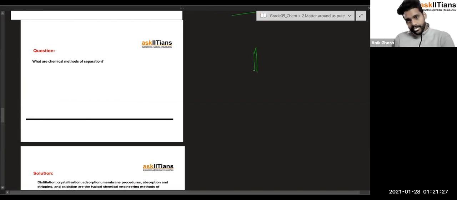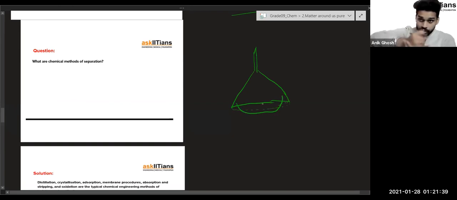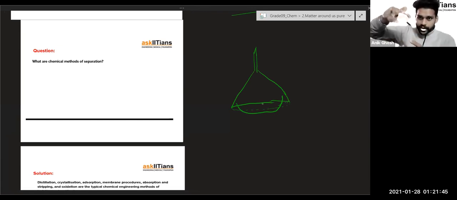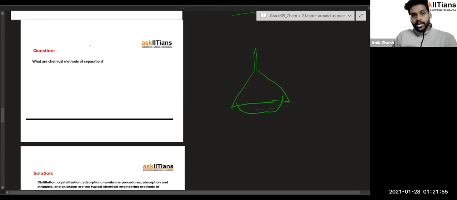Now what you have to do is, you need to put your dish over here, and you need to put the entire funnel over your dish. Okay, like that, like you can see. If this is the funnel, you need to put it like this, closing the upper surface of that dish.